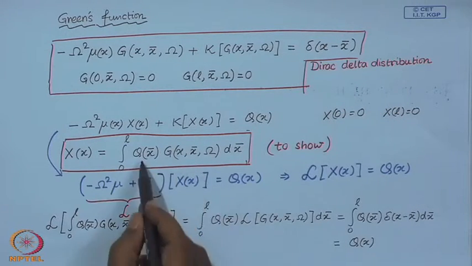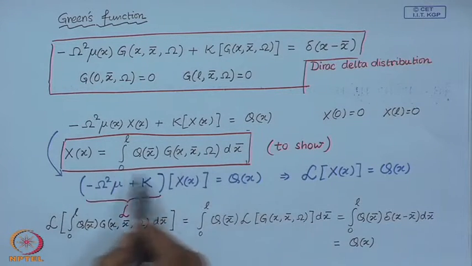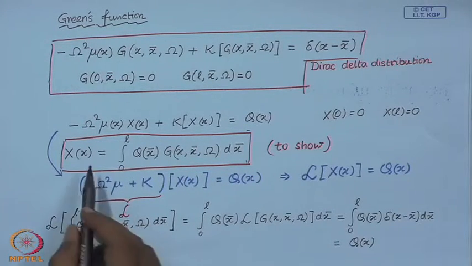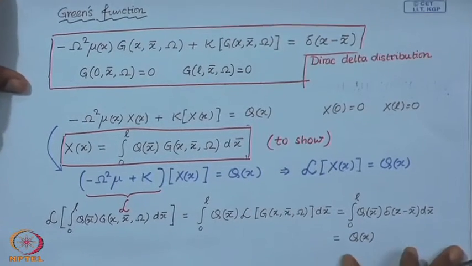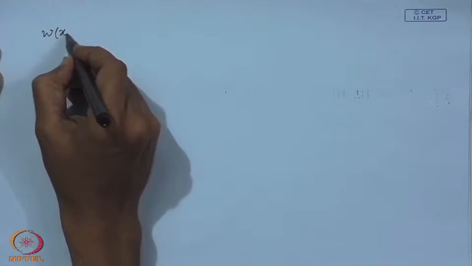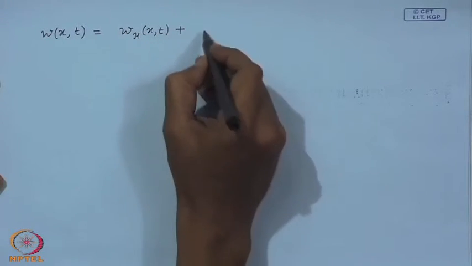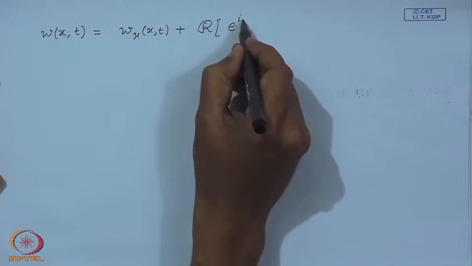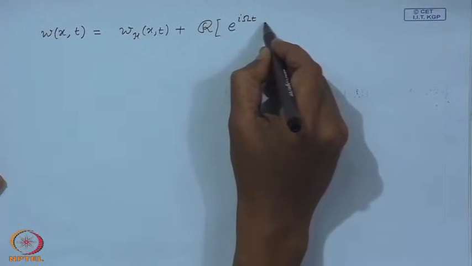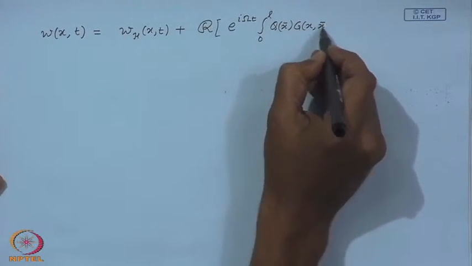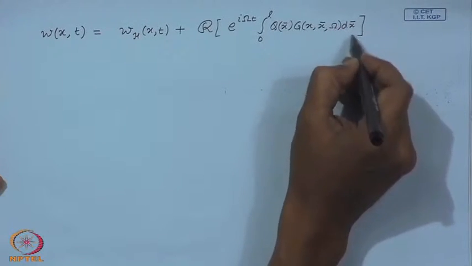And once this is done, then given any force distribution, contingent on this integration being doable, we can easily solve for the amplitude function for an arbitrary forcing, in which case we can write the solution of the original problem as the homogeneous solution plus the real part of this argument.